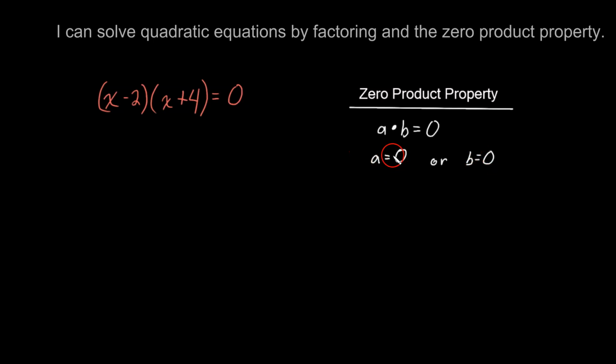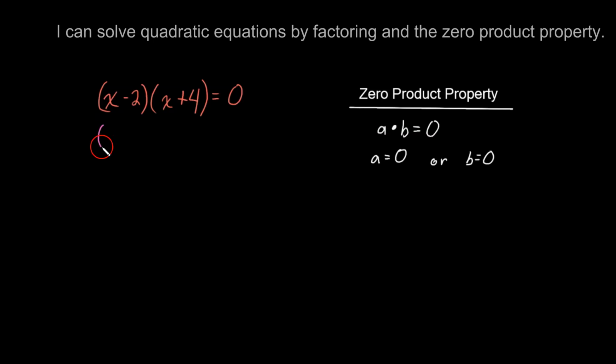Because if a is equal to 0, if we go 0 times b, no matter what the value b is, any quantity multiplied times 0 is going to give you 0. So 0 times b is going to be equal to 0. Or if b is equal to 0, it goes a times 0. Well, that also is going to be equal to 0. So zero product property tells us that if you have a times b is equal to 0, then a or b is going to be equal to 0.